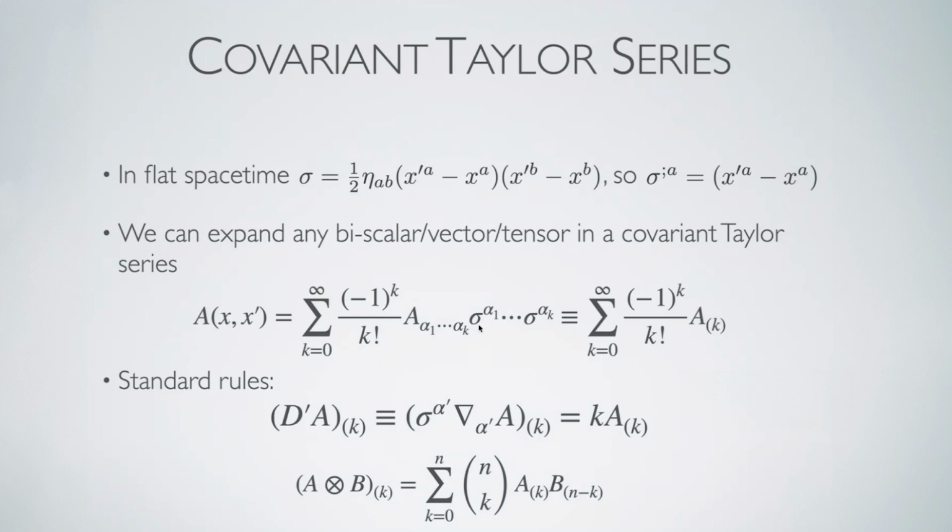We can use a shorthand that each of these terms in the series, these A's contracted with sigmas, is just A sub k. And then you've got the standard rules for infinite series. The one at the bottom is very standard: if you multiply two infinite sums, then you can write that as a sum of products with a binomial factor in it. You can also differentiate these series along the sigma direction, and that just has the effect of multiplying the kth order term by k. Okay, so that's kind of the mathematical machinery we need.